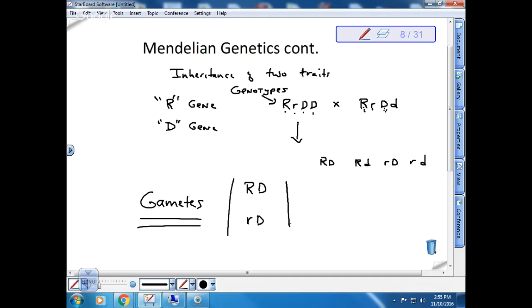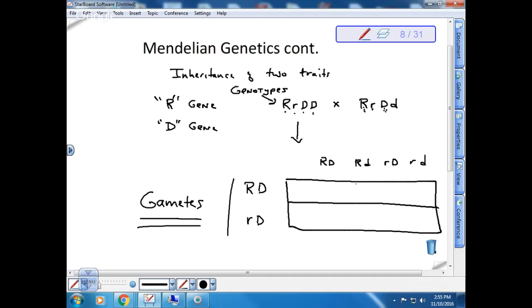So I can put them together in a Punnett square. And when I do this, I always put the R's together and the D's together, just for simplicity, okay?